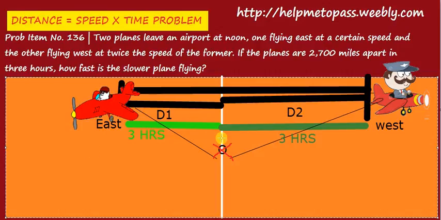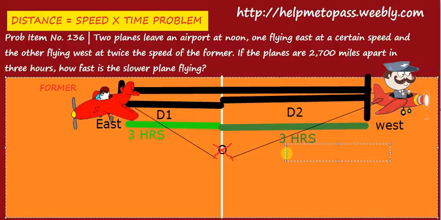Now, it is stated in the problem that the other plane is flying twice the speed of the former. So let's consider the plane going east as the former, and the other one is the latter. So the west plane has twice the speed of the former.